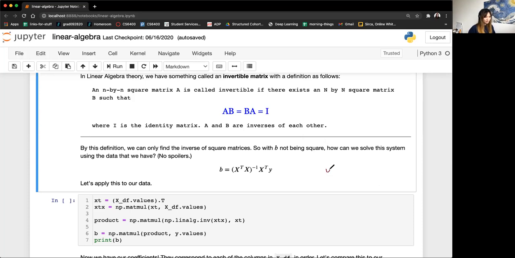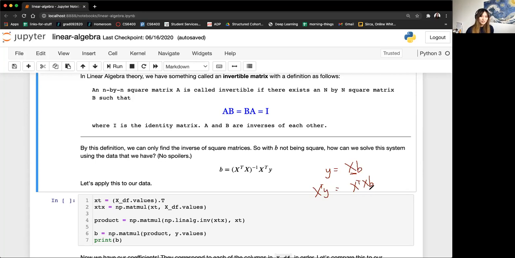So what we started with was y equals x times b. And we know that we wanted to solve for b. However, x wasn't a square, so therefore we couldn't take the inverse of x. What we can do to make it square is multiply it by its own transpose. So you would left multiply by the transpose, x transpose times y, on both sides, which equals x transpose x multiplied by b.